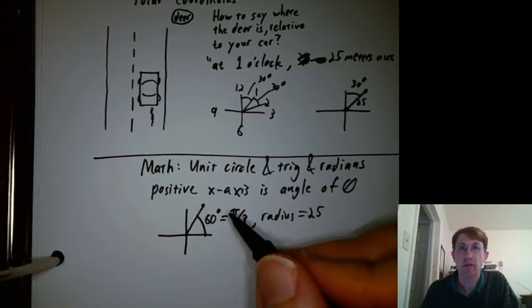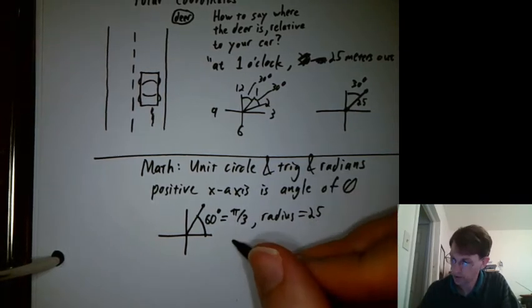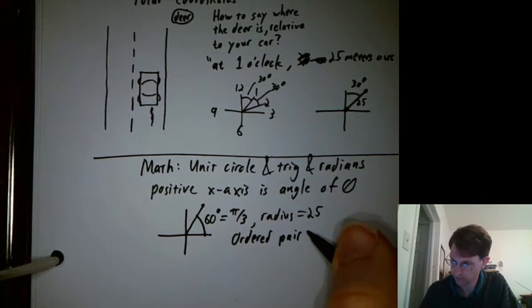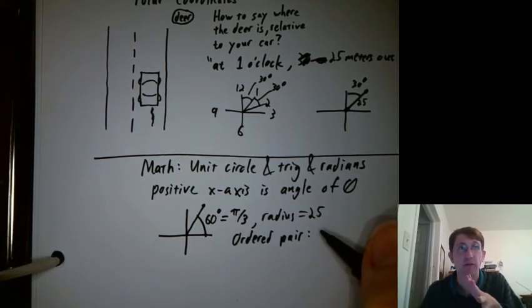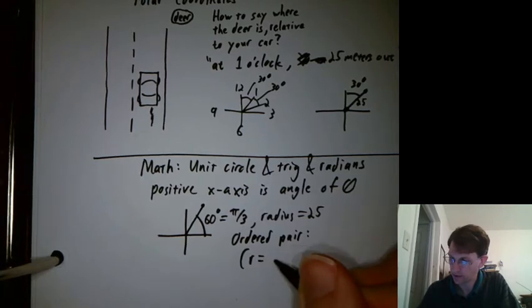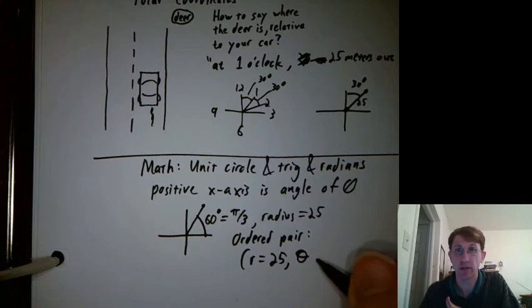And that is an ordered pair, an angle and a distance. So we can write it as an ordered pair. But for interesting reasons, we usually put the radius first and then the angle. So we'd say radius r equals 25, and for angle we use the Greek letter theta.